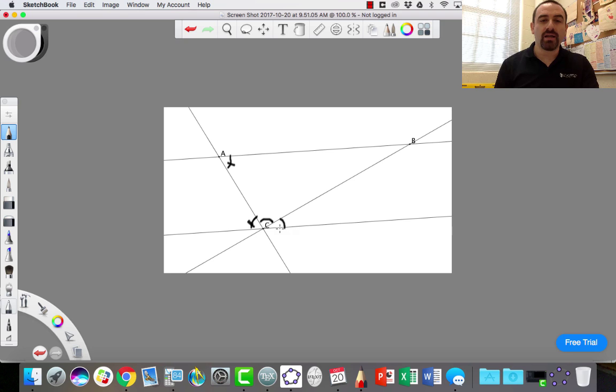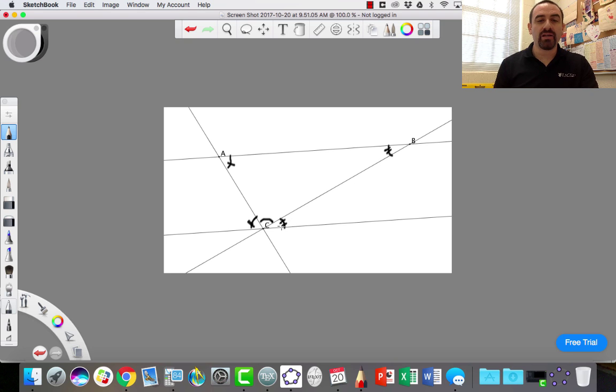Now I'm going to take a look at the angle down here. I'm going to look at this angle here, put two hatch marks, and its alternate interior angle right there. So you notice that because we have parallel lines and a transversal, this angle and this angle are congruent because they are alternate interior angles.